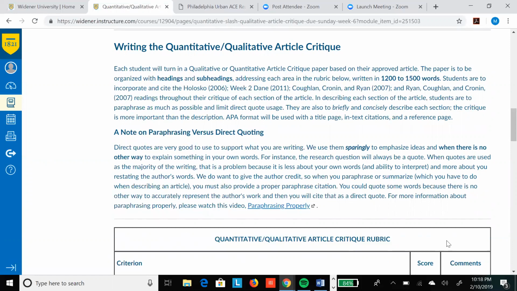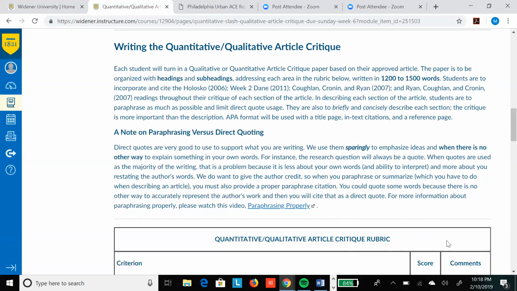In describing each section of your article, you are to paraphrase as much as possible, and please limit direct quote usage. You should really only be using direct quotes if there is absolutely no way to paraphrase and cite what needs to be said. And if you are using direct quotes, they should be used sparingly and shouldn't be lengthy.